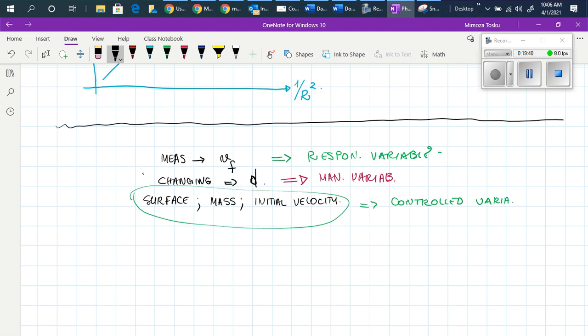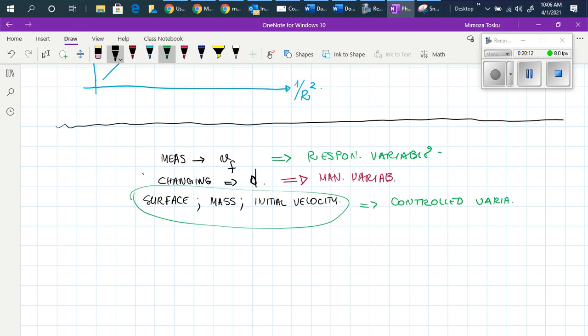Now, when you have a situation like this in a question that we have seen in kinematics in Physics 20, it will be something like: what is the final velocity of an object if the initial velocity is 12 meters per second, and the object is moving with an acceleration of 1.2 meters per second squared at a distance of 12 meters.